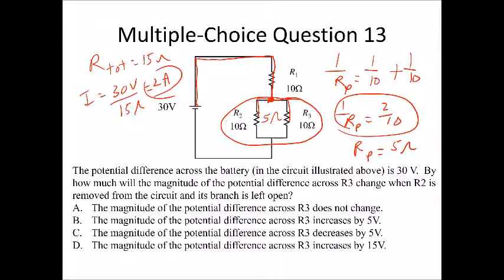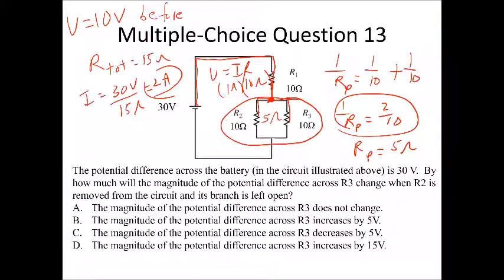So to find the voltage drop across R3, we're going to use Ohm's law, solve for V. V equals IR. So we're going to have 1 amp going through 10 ohms of resistance. So we're going to have a voltage drop of 10 volts. And that's before we remove R2.